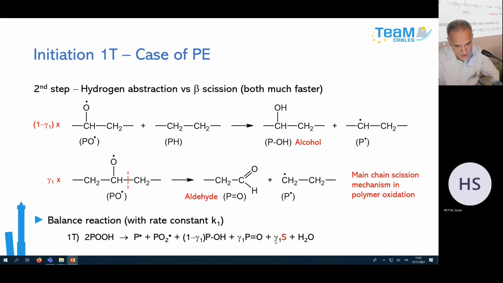And you have also the formation of chain scission. Gamma 1 is the yield of formation of chain scission. And of course, this balanced reaction goes at the same rate as the first step, because the first step is the limiting reaction.